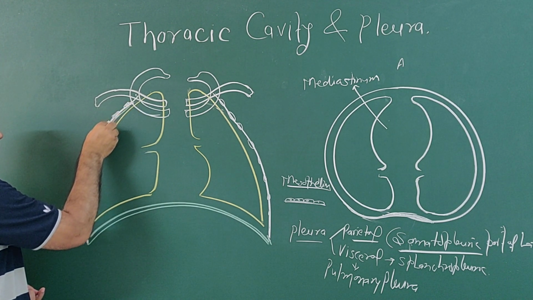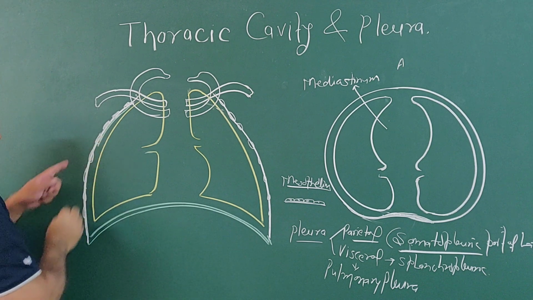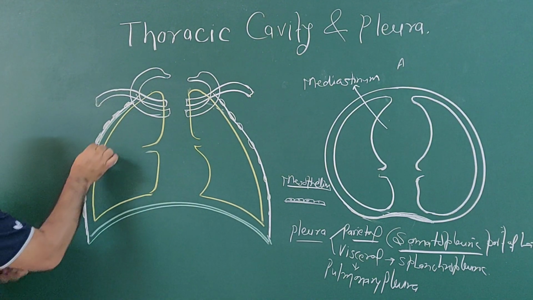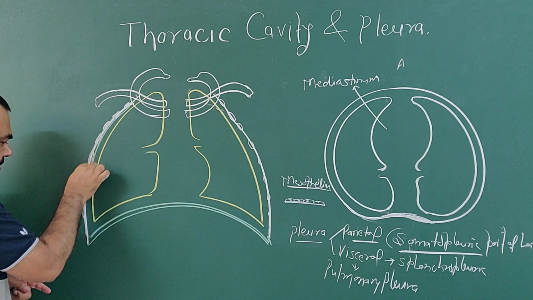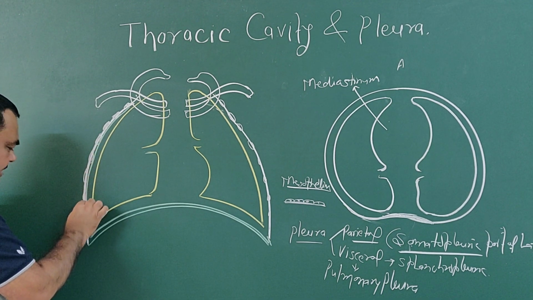The parietal layer is attached to the endothoracic fascia. Here is the thoracic wall, and it is connected with this wall by the endothoracic fascia.